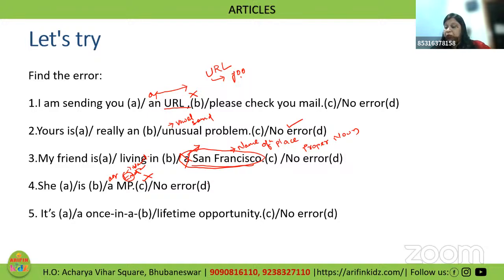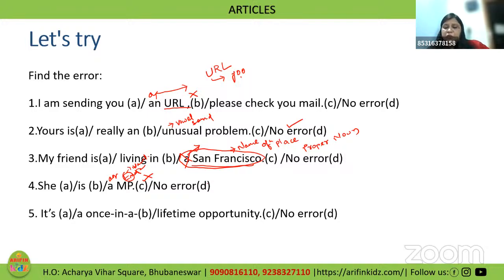The fifth one, quickly. Aharshi is saying B. Cross check.